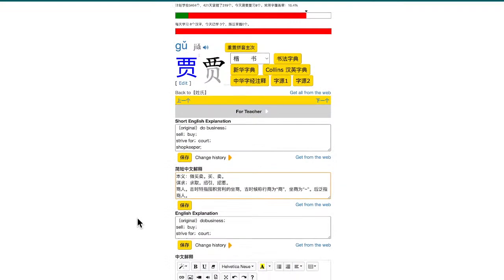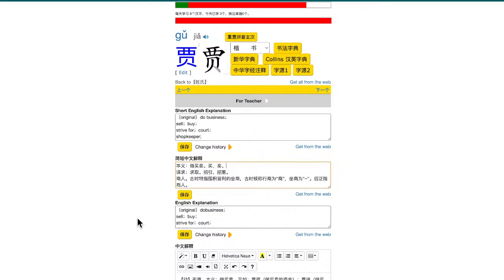In ancient times, business people were put into two categories. Gu refers to those who do business with a shop, the shopkeepers. They don't go around traveling. There's also a traveling type of business people, and those people are called shang.